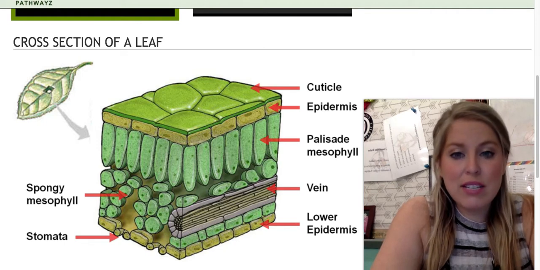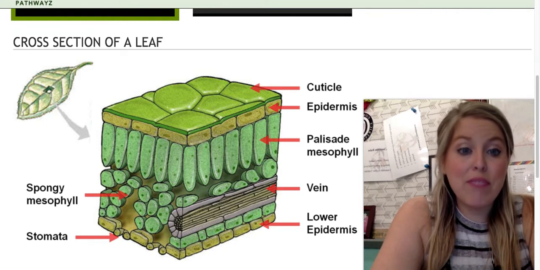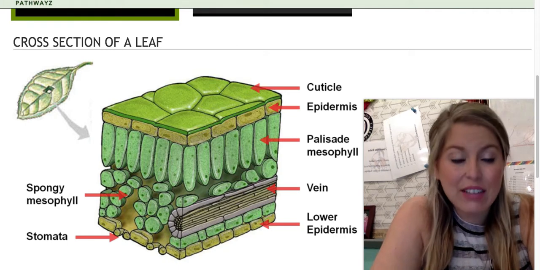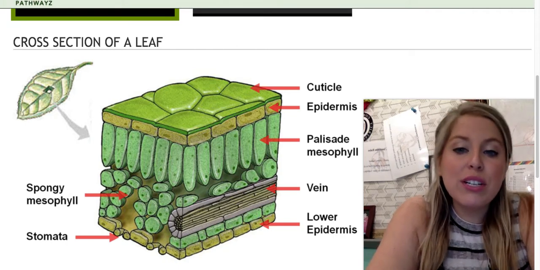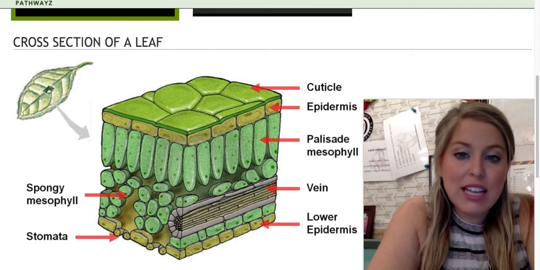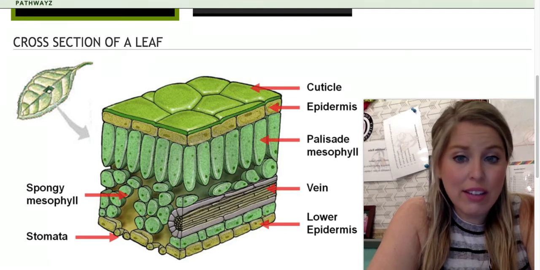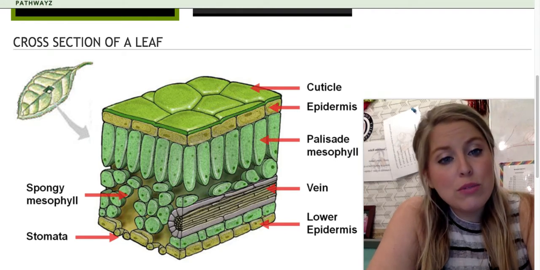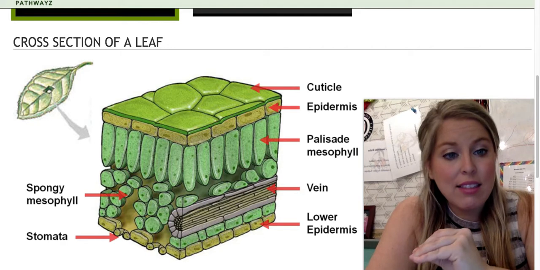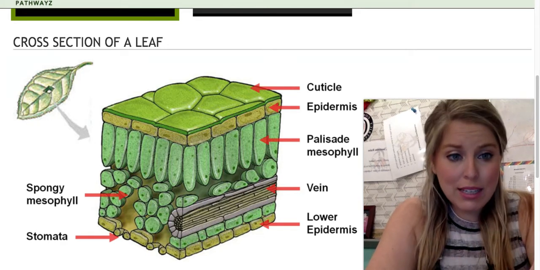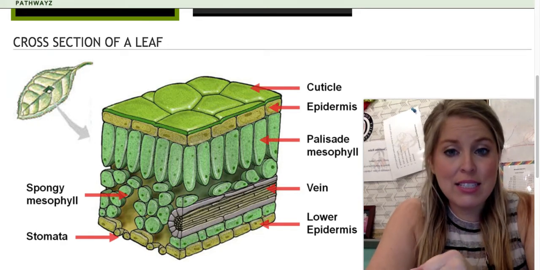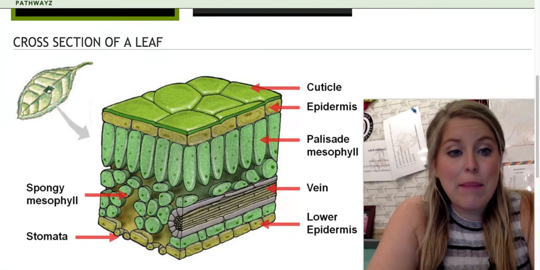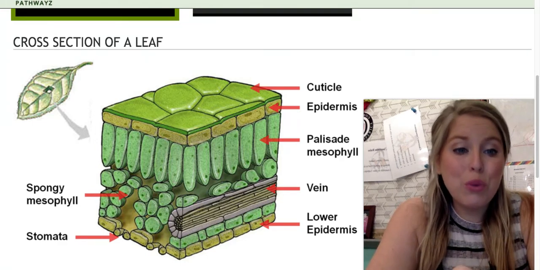The palisade mesophyll layer is going to be composed of palisade cells that are packed with chloroplasts. What you're going to notice is they're right here underneath that top epidermis layer of a leaf. They are here to absorb the absolute most sunlight that they possibly can absorb, because like we talked about with photosynthesis, the palisade mesophyll cells are packed with chloroplasts.